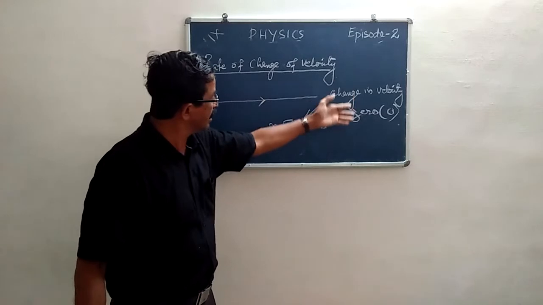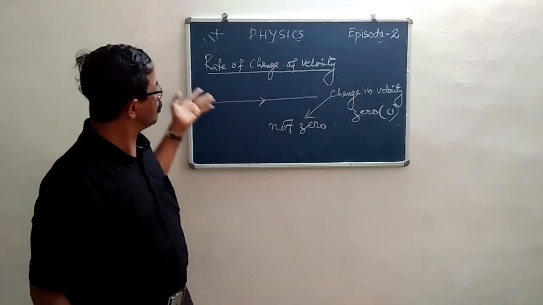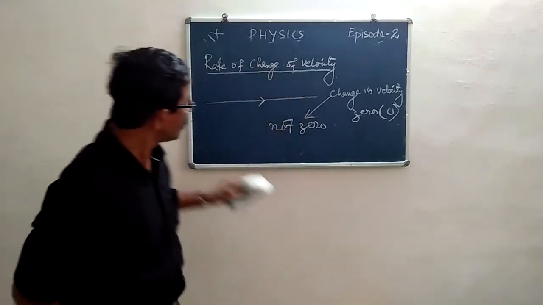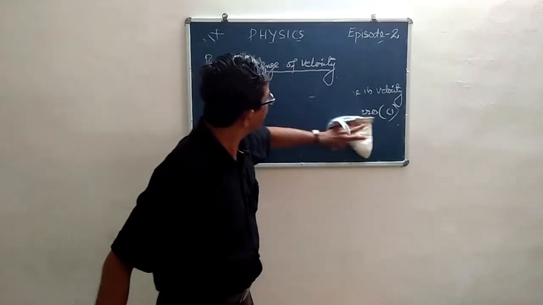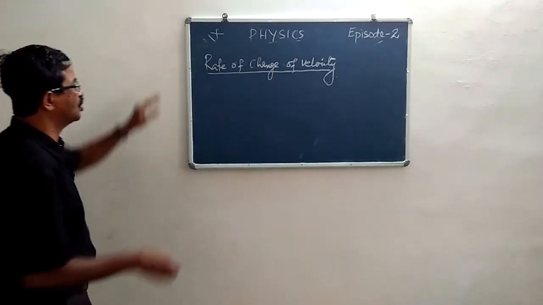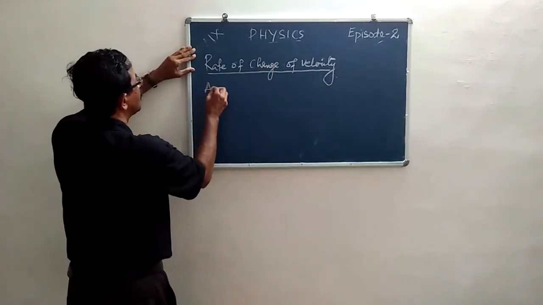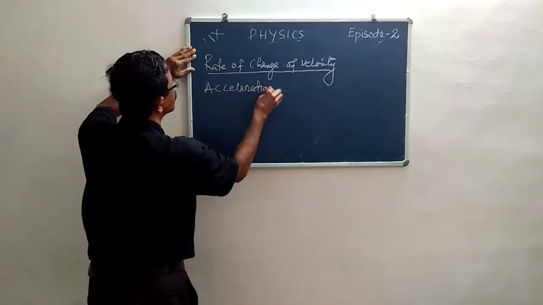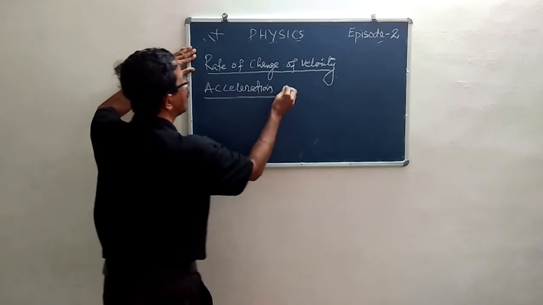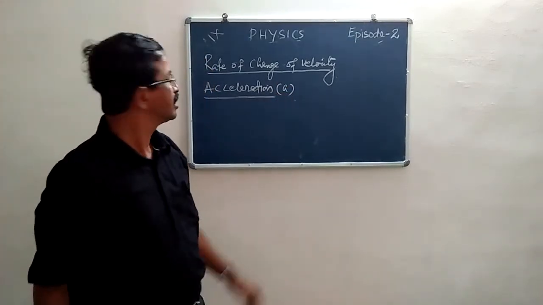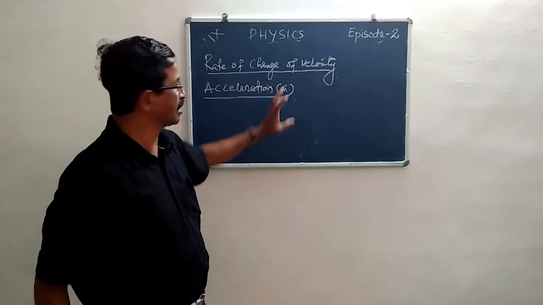So the change in velocity, how the velocity changes, to find it, we introduce a new term, and it is called acceleration. Usually we represent it with the letter A, that is small letter a.